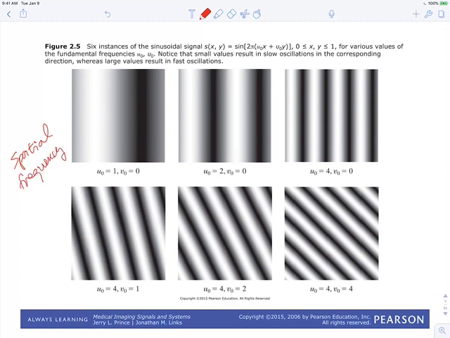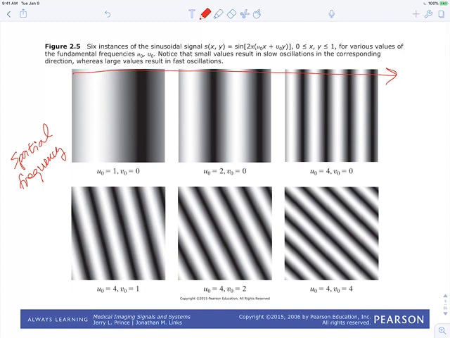Essentially, a spatial frequency is how rapidly your image varies with space. So you can see in this top row, as I go from here to here, obviously my spatial frequency is increasing. Things are changing faster in space.